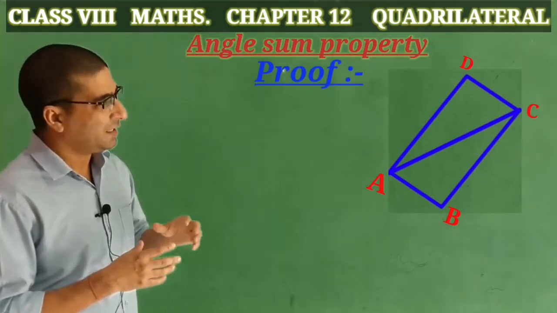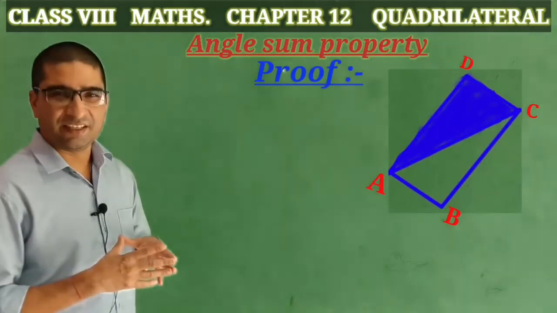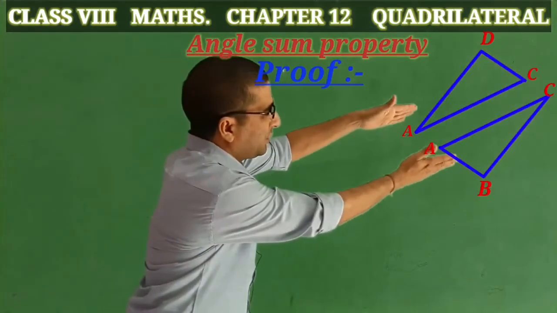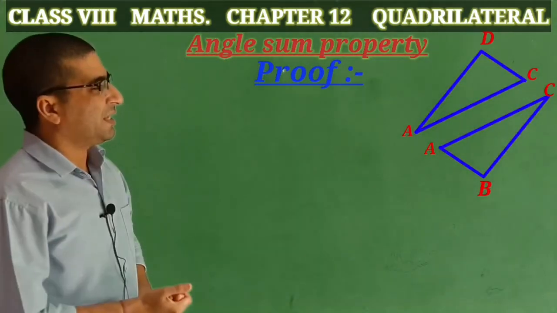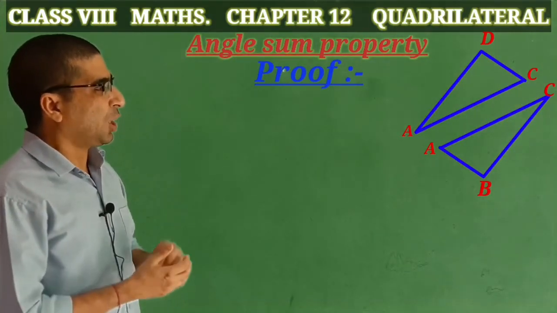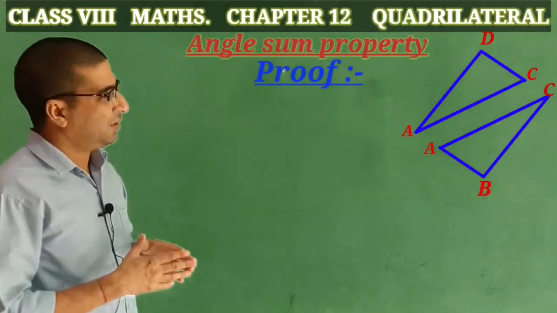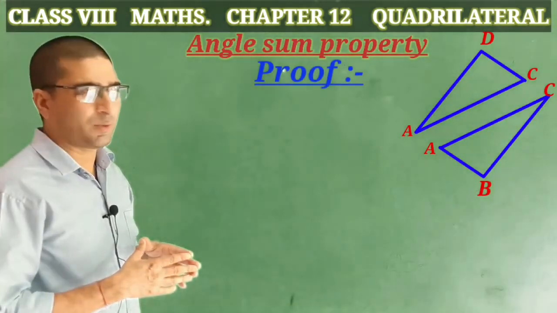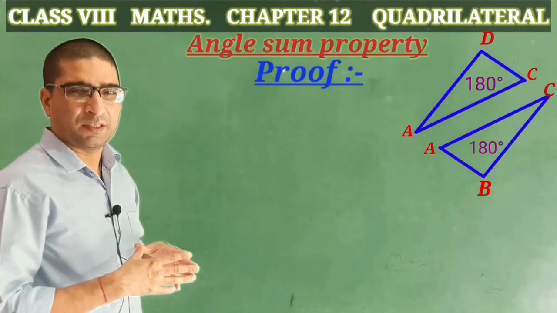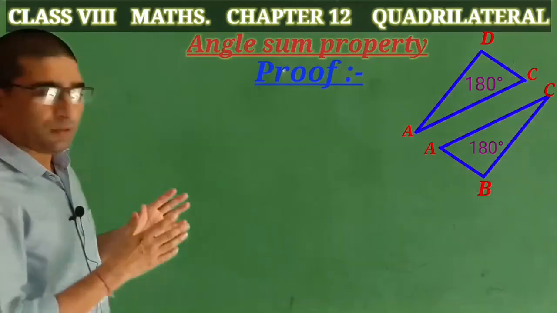The triangles are triangle ABC and triangle ADC. If we separate these two triangles, we can observe that the sum of the angles of triangle ABC as well as the sum of the angles of triangle ADC is 180 degrees. That is according to the angle sum property of a triangle.